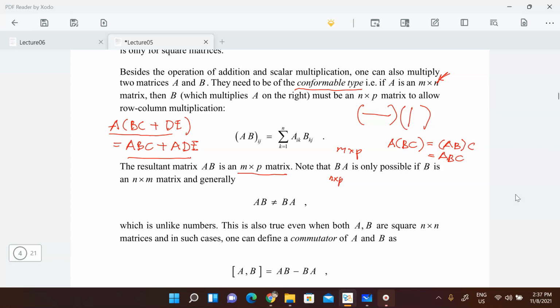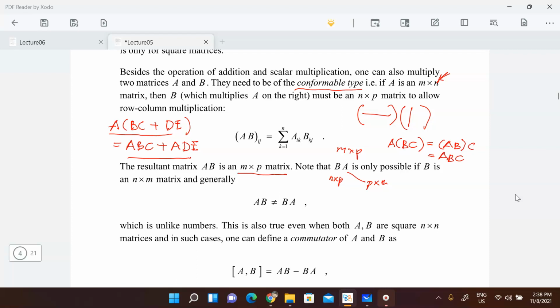B A is only possible if B is an M by M matrix. Yeah, so it's the same statement. In other words, if I use this notation here, B is N by P, then A will have to be a P by M in general.